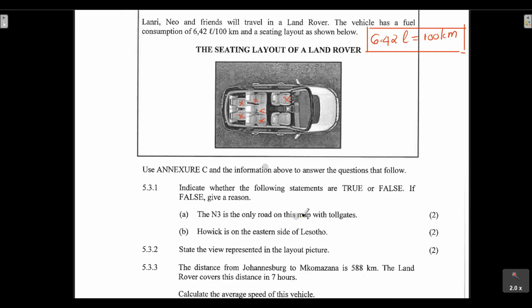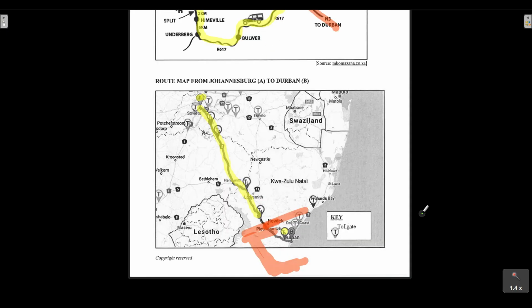The N3 is the only road on this map with the toll gates. So we're looking at the map with the toll gates. Is the N3 the only road that has toll gates? Let's analyze, let's see what's happening here. Do you see that we've got other roads as well that have toll gates? Do you see there? That's the toll gate. Then we also have this road as well. Is it the N17? It also has toll gates, right?